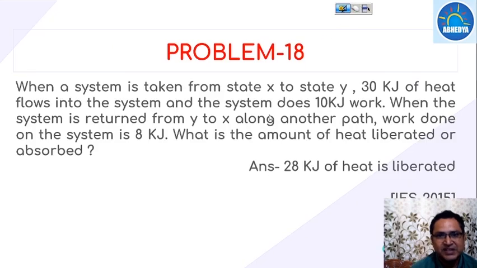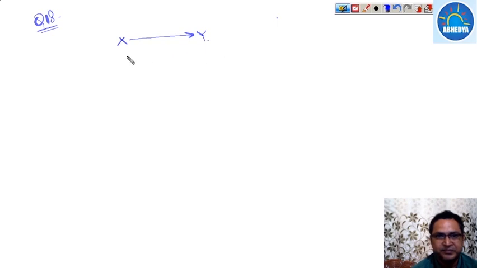Now the question number 18. The system moves from any point X to any point Y. What he says: the system moves from state X to state Y, 30 kilojoule of heat flows into the system and the system does 10 kilojoule of work.